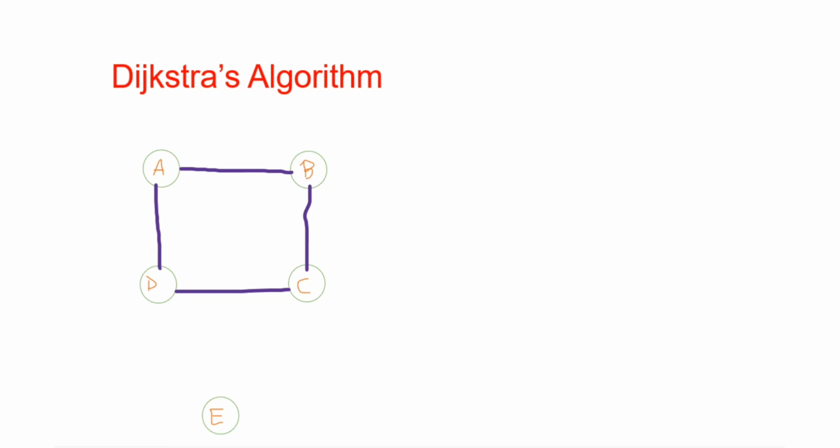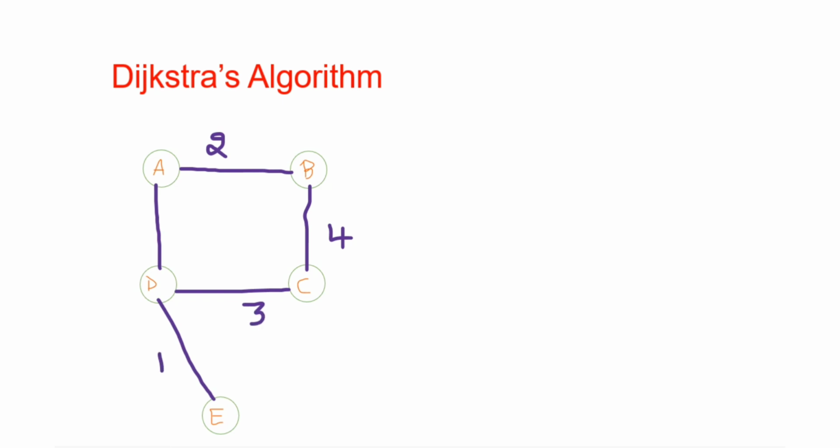These are the nodes. The weight between A and B is 2. B and C weight is 4. C to D is 3, and D to E is 1.